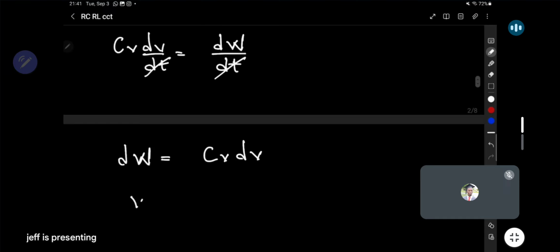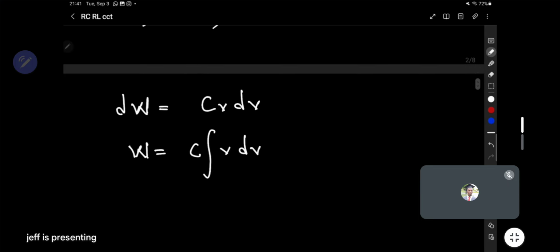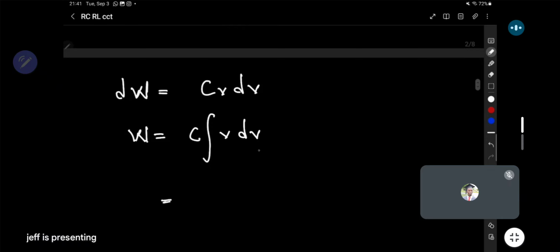And then work done, when you integrate, C is a constant, it comes out, and then this is just V dV. So you can now say the work done when you integrate this can be seen. Usually when working this out, we start from minus infinity up to some time t.